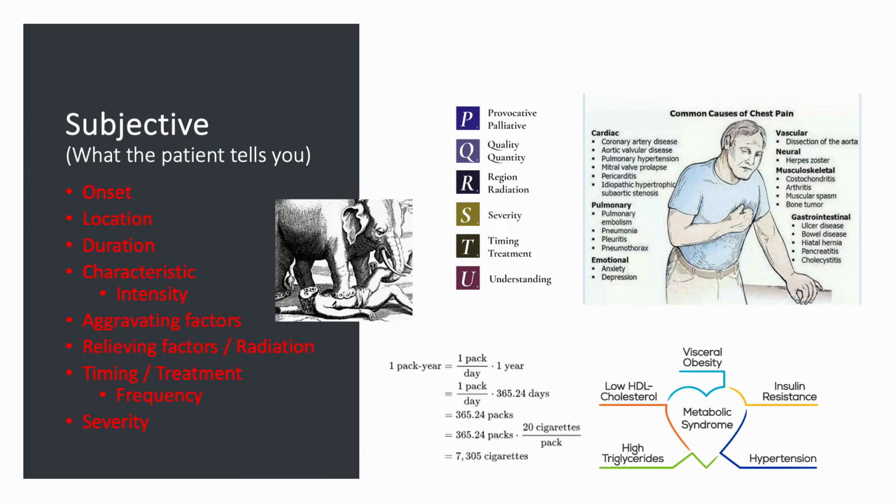We look at this, and this is called metabolic syndrome. And we have visceral obesity, insulin resistance causing eventually diabetes, hypertension, high triglycerides, and low good cholesterol, HDL.